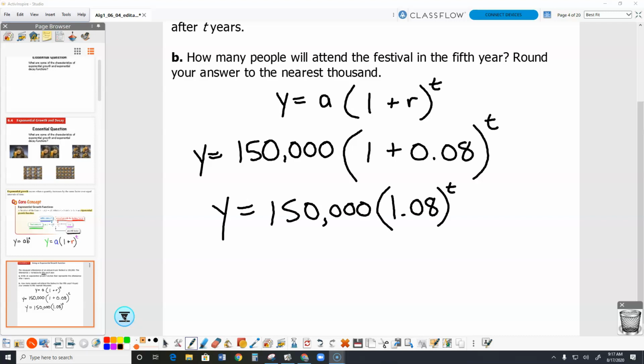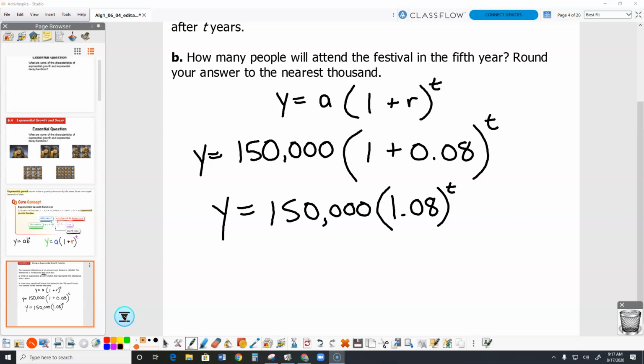Now, that doesn't mean 5 years later. If it had said after 5 years, we would just plug a 5 in for t. But it's saying in the 5th year. So our very first time that we had this festival, t was actually 0 because no time had passed yet.